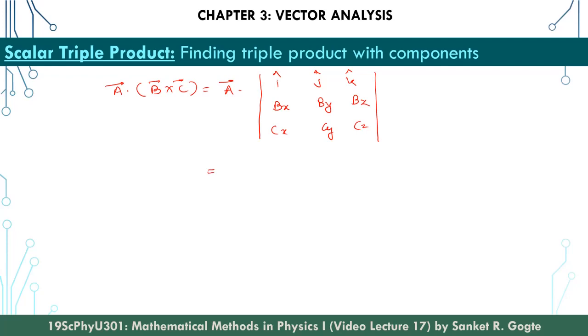Now it is straightforward to see that this actually is going to be the determinant Ax, Ay, Az, Bx, By, Bz, and Cx, Cy, Cz.